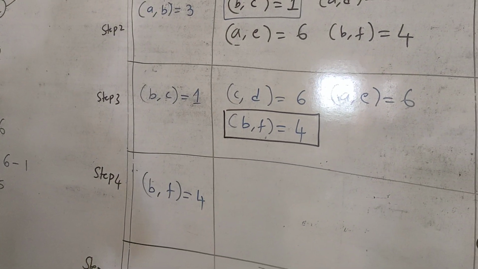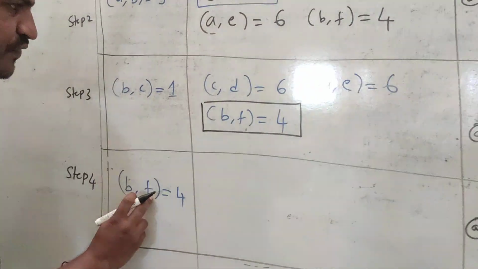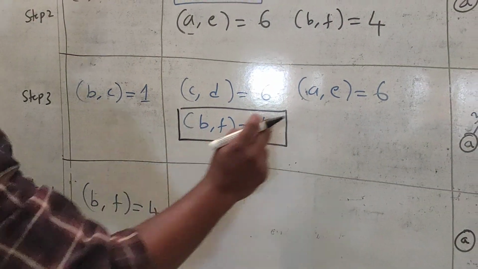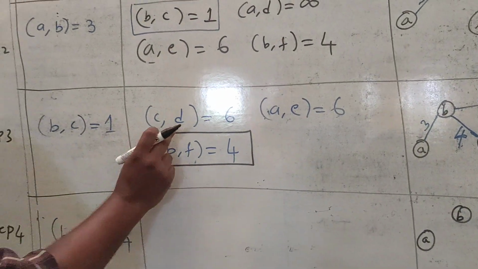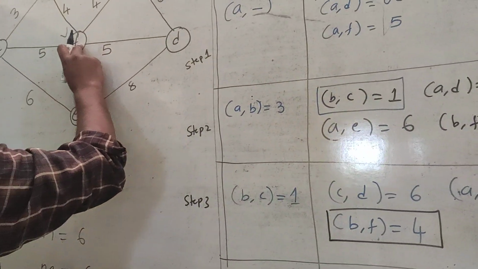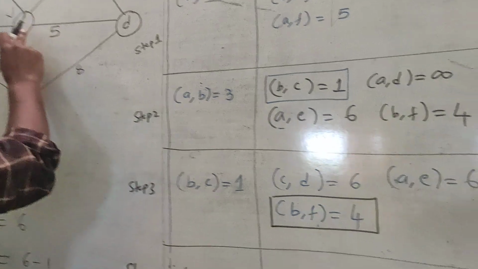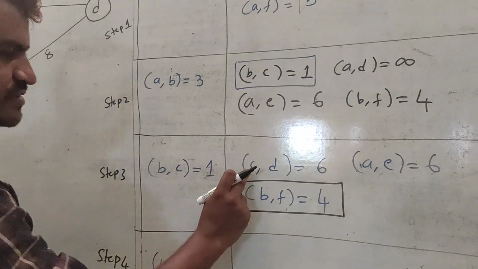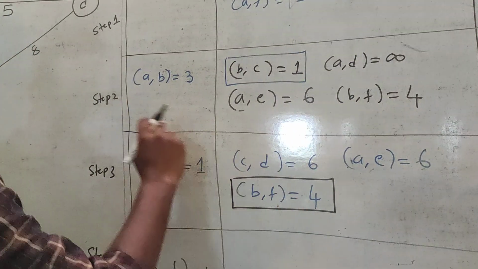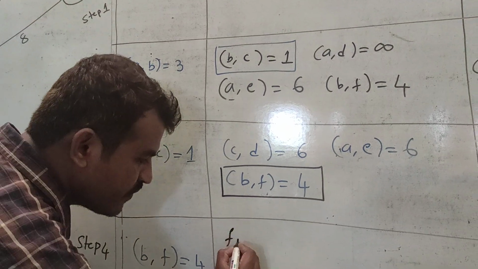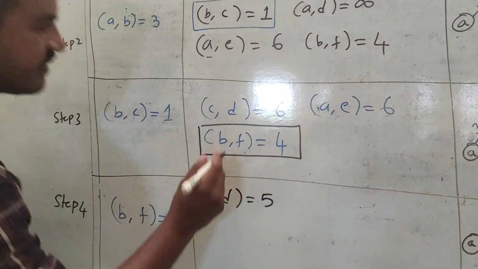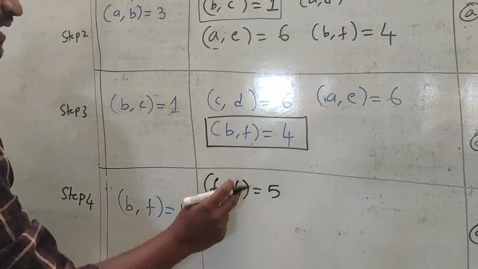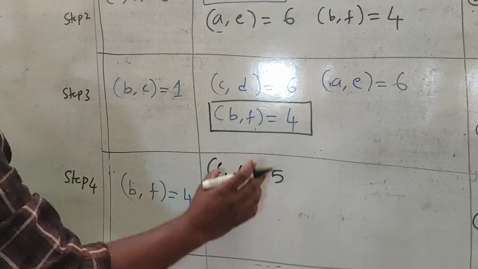Now we have to make combinations with F to D and F to E. That's simple. F to D is 5. C to D is 6. Which is less? F to D is less. That is 5. Compared to C to D, F to D is 5, lesser. Then update, change the table.